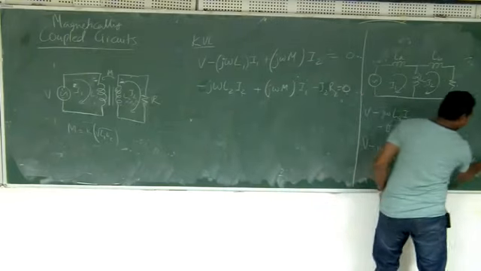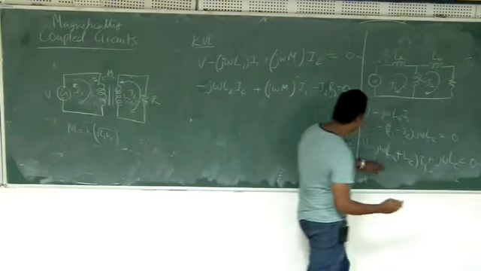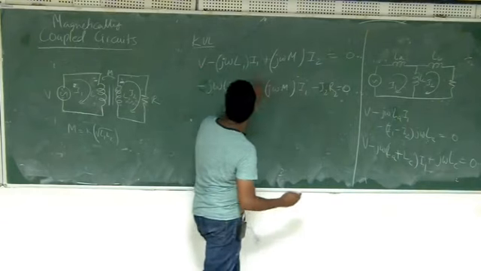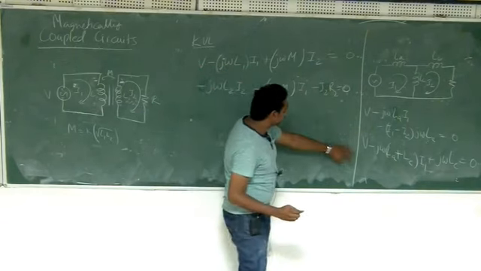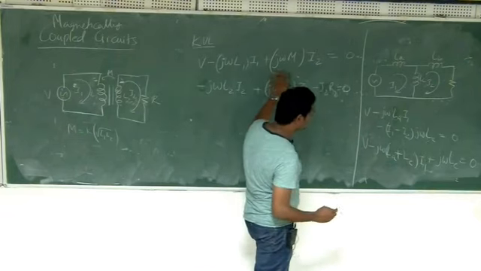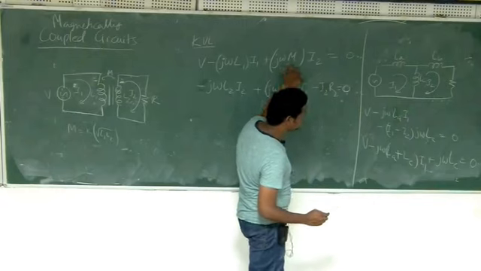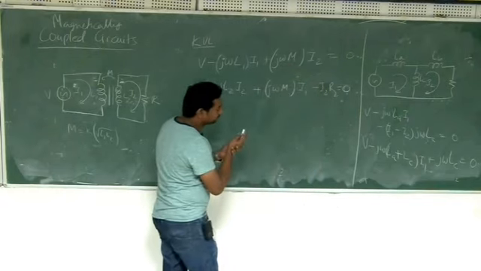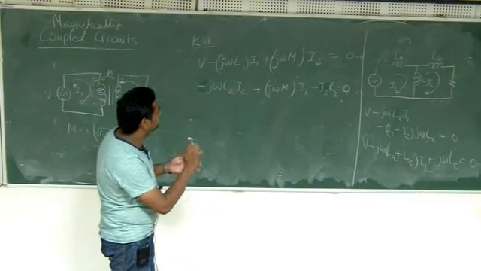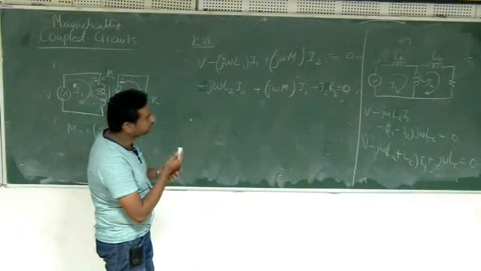Now you compare this with this, the first one. So V is same, minus j omega is also same. So in the place of L1 I am getting these two, and in the place of M I am getting LC. Okay, so that's a good news. So now I got at least some idea what LA is.